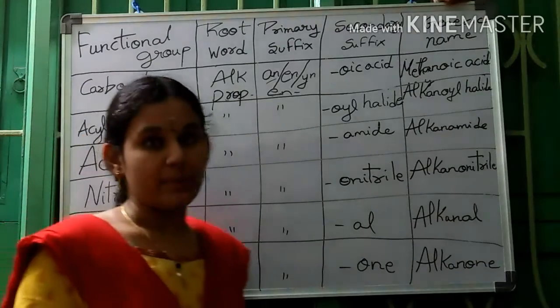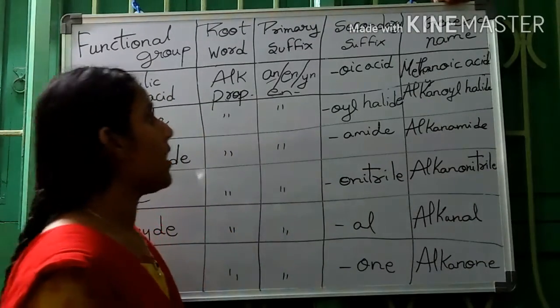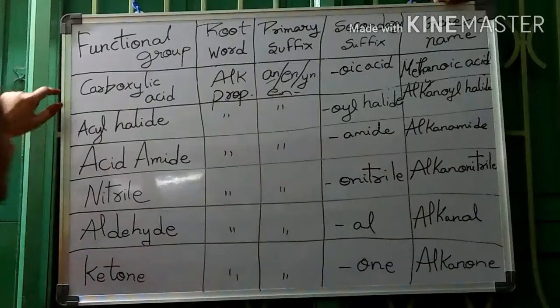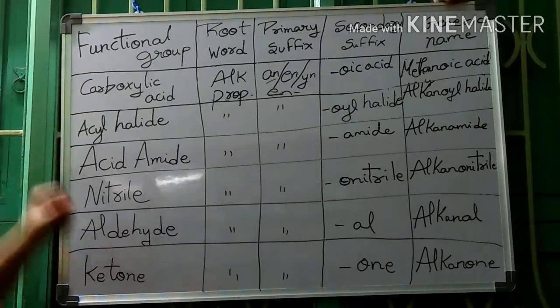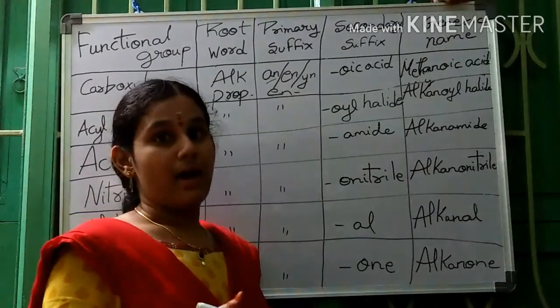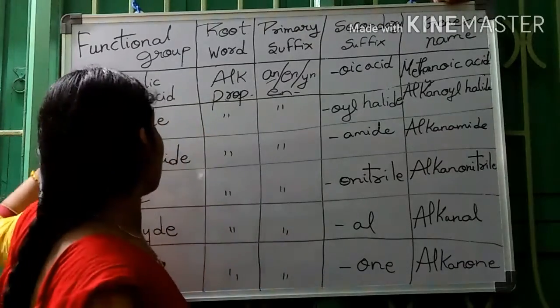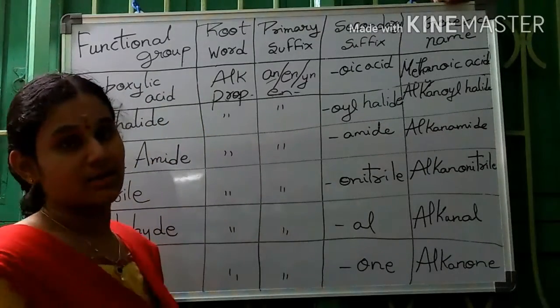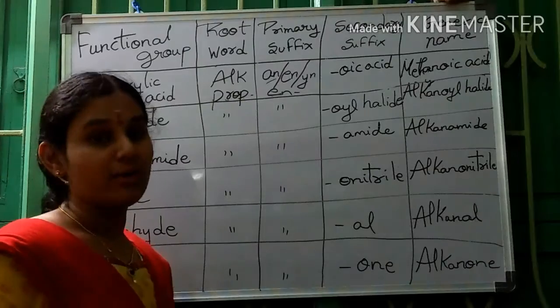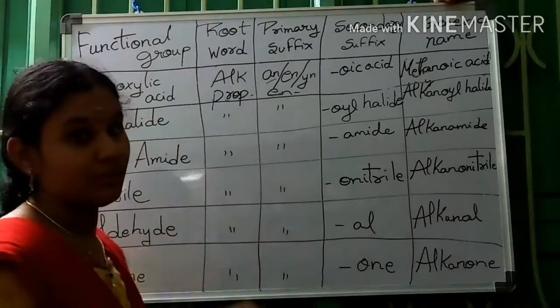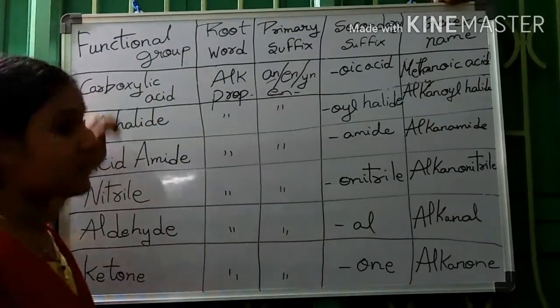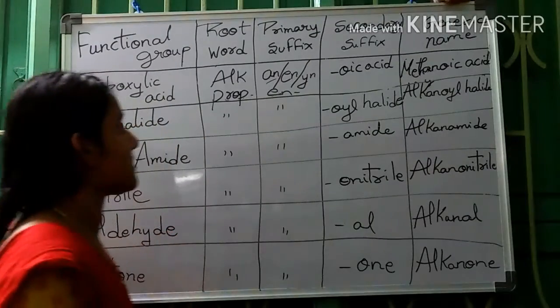In that, 2 carbons are associated in the double bond and 1 carbon is from the carboxylic acid. Here we have to add the carbon present in the carboxylic acid also. That is, if we are counting the number of carbons to get the root word, we have to count the carbon present in the carboxylic acid also.